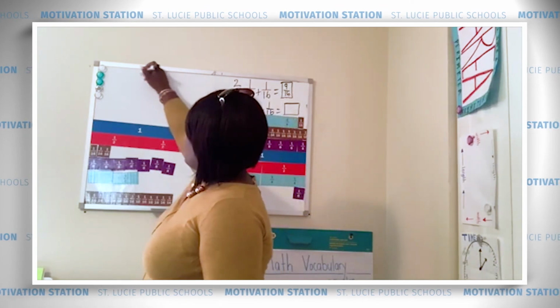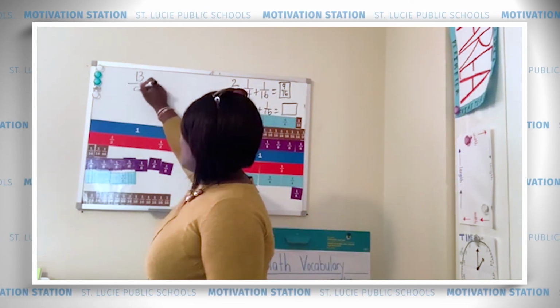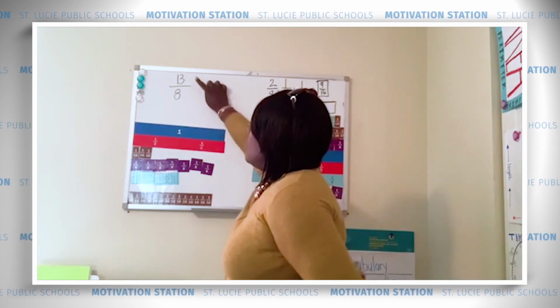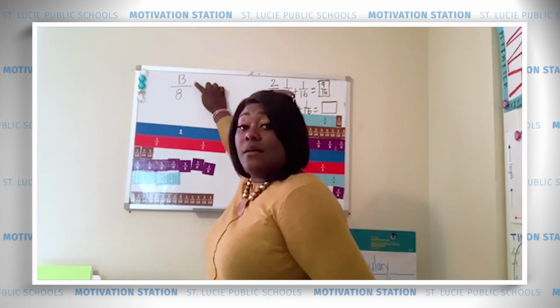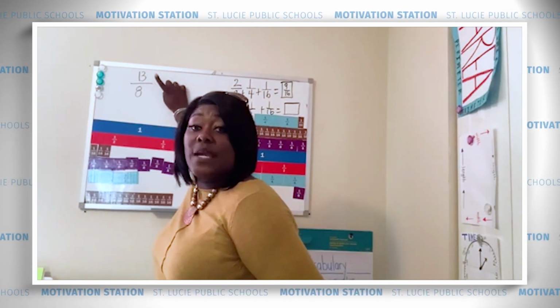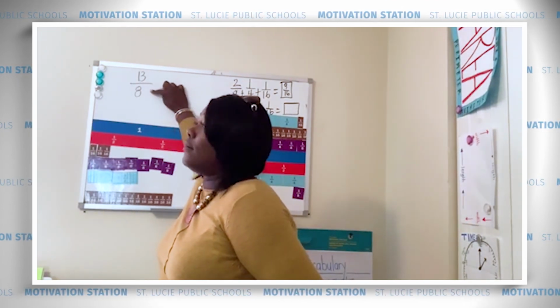Let's take a look at 13/8. Is 13/8 an improper fraction, a mixed number, or regular fraction? It is an improper fraction. When you're looking at an improper fraction, the number in the numerator is greater than the denominator.